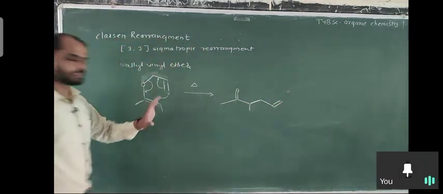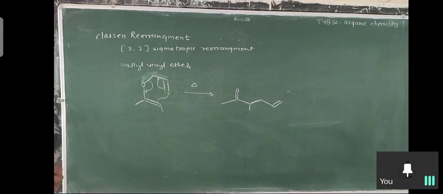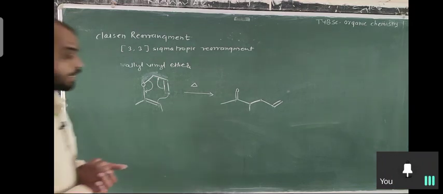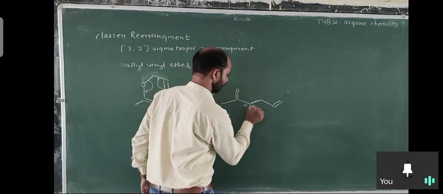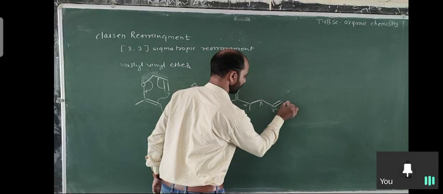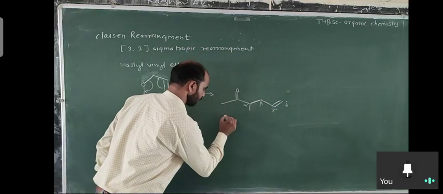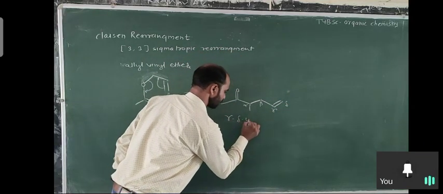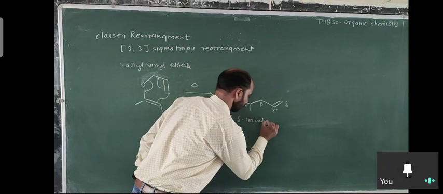Okay, this is the correct product. So formation of alpha beta unsaturated, and the product is the gamma delta. This one is alpha, beta, here is gamma delta. So formation of gamma delta unsaturated ketone.